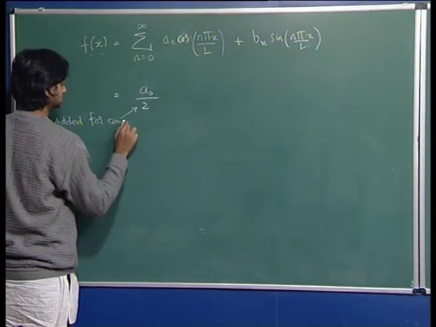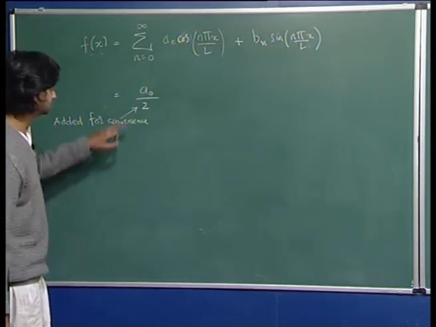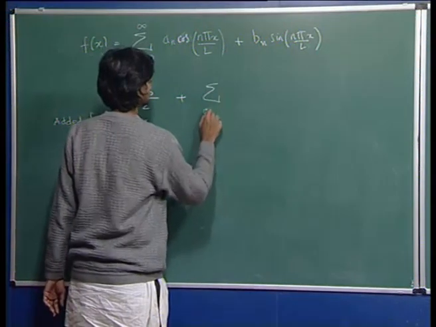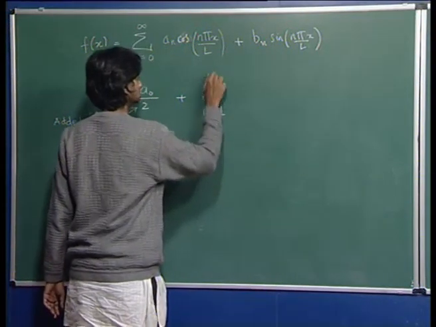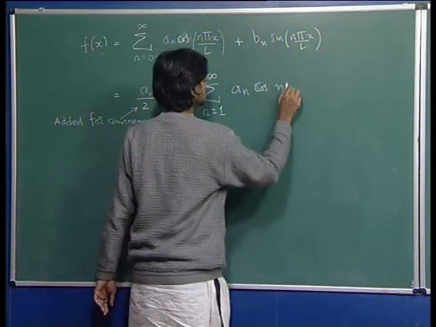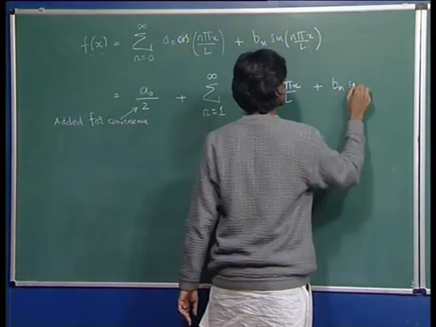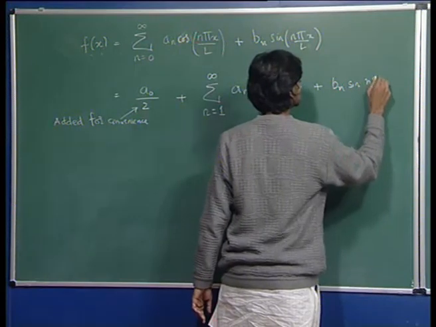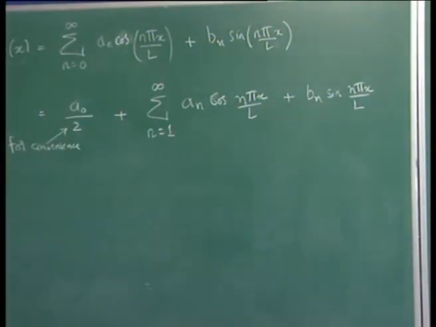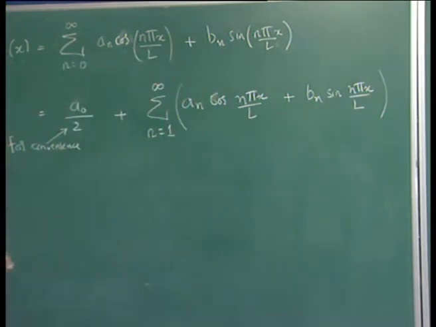So you define your a 0 with this factor of 2, and then you write plus the rest, so you write your series in this form. And it will become clear why we chose to do it this way.